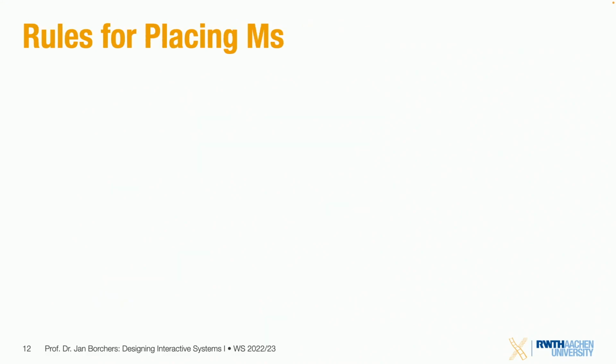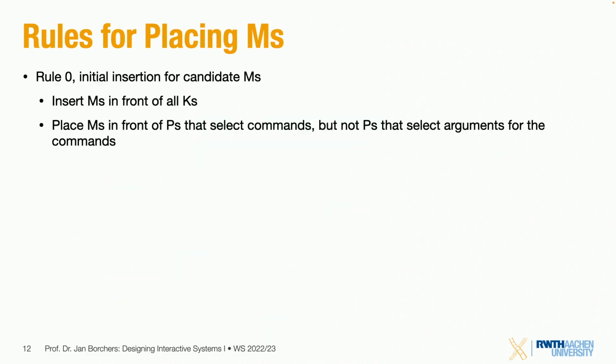So here are the rules. You first throw lots of M's into your sequence. You put one in front of every key, just like I described, like J, N, etc. And you also place M's in front of all pointing gestures that select commands. What does that mean?